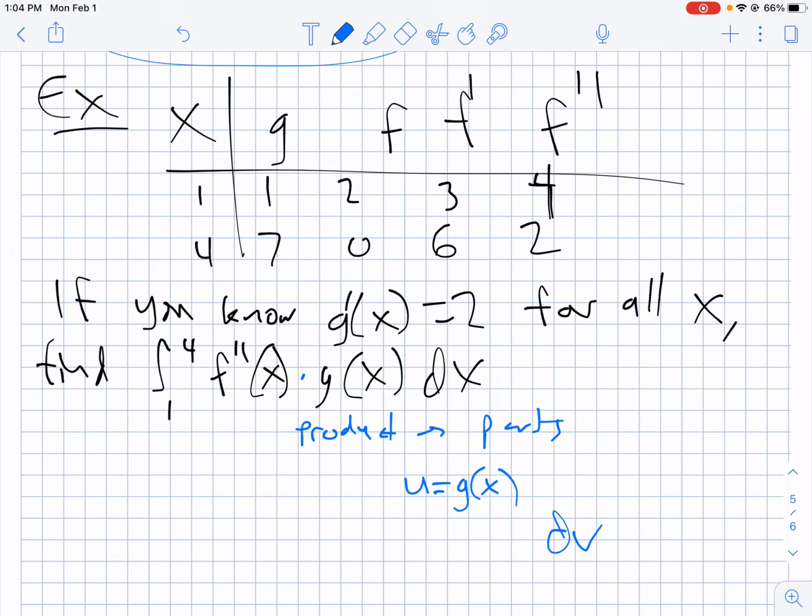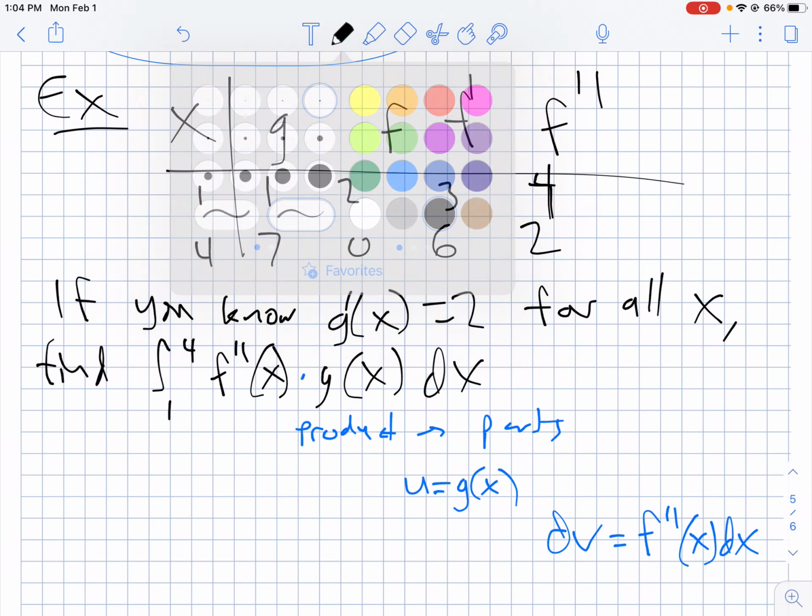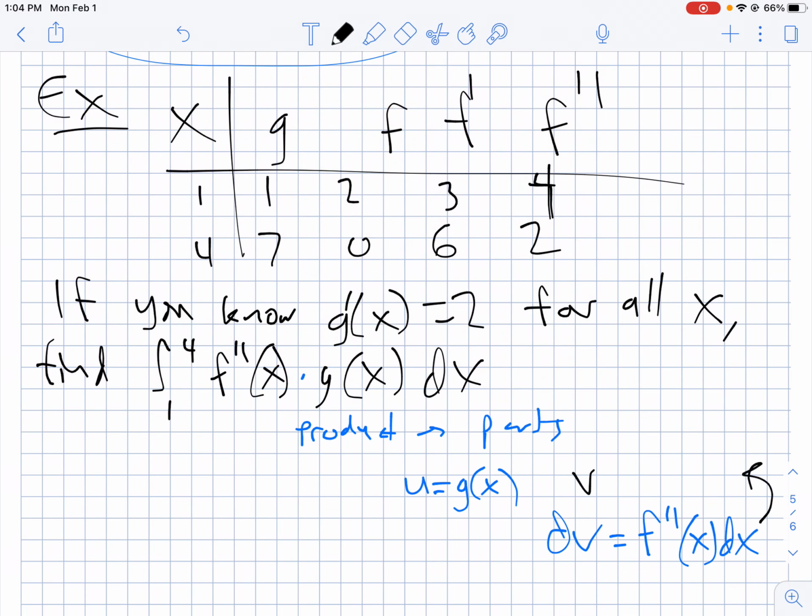And for dv, I could just integrate f double prime, because by the fundamental theorem, if I integrate f double prime, I'm just going to get f prime of x. And if I take the derivative of g, that's just g prime of x dx. Okay, so let's set up the parts.